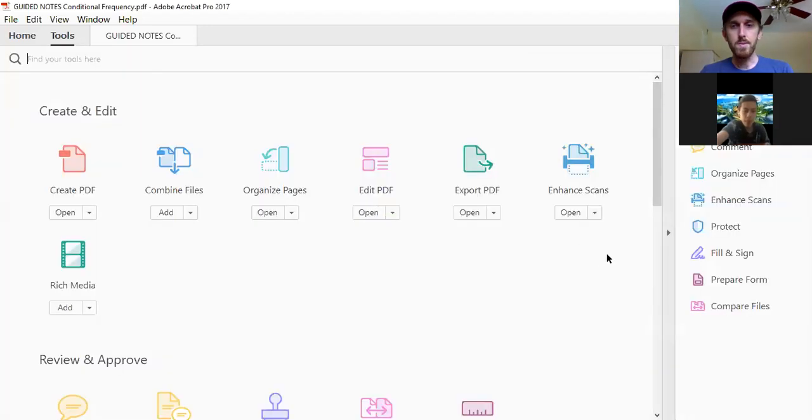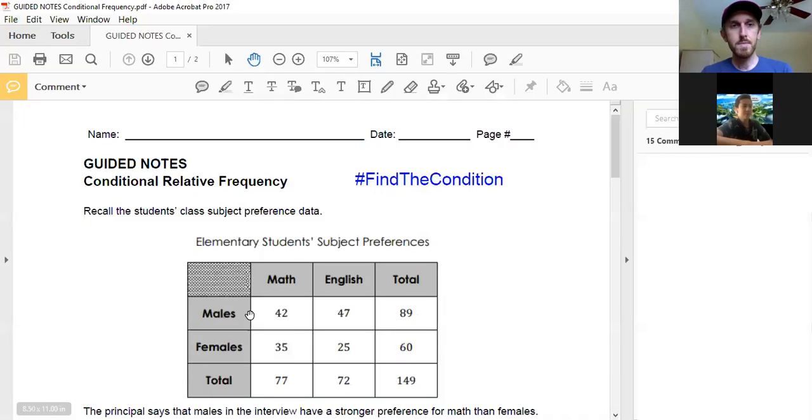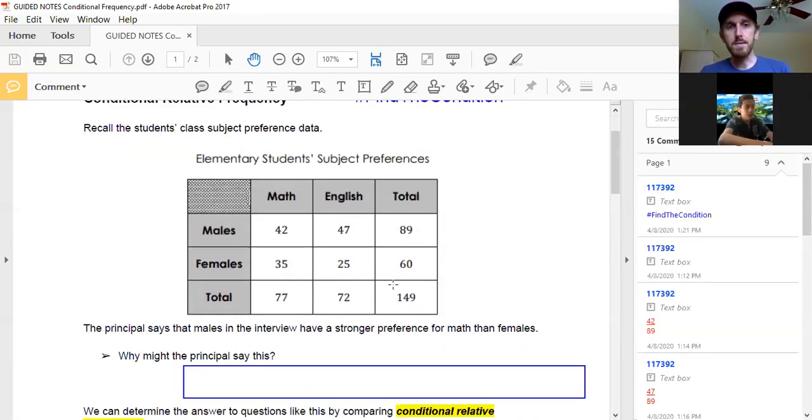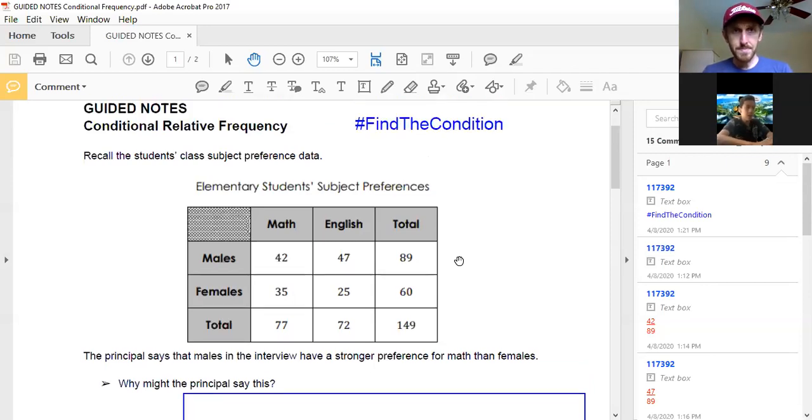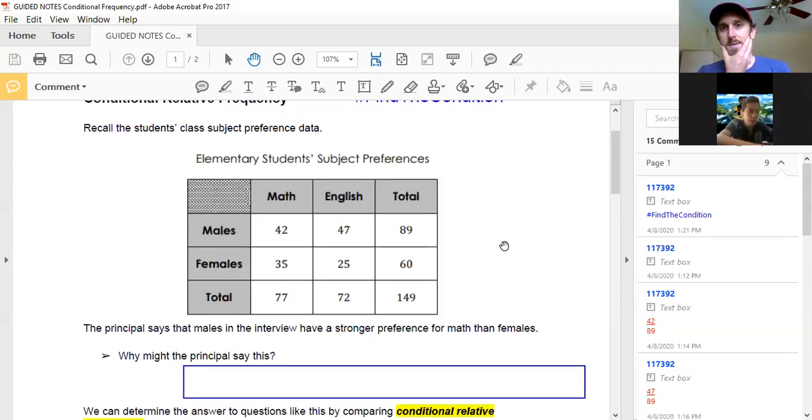So we have the same exact data that we've been using. We've got boys and girls preferring math or English. Same exact table that we've been using the last couple of days. So let's say Mr. Yockel shows up and he's looking at our table here, and he says, I'm noticing some things about my sea lions here.